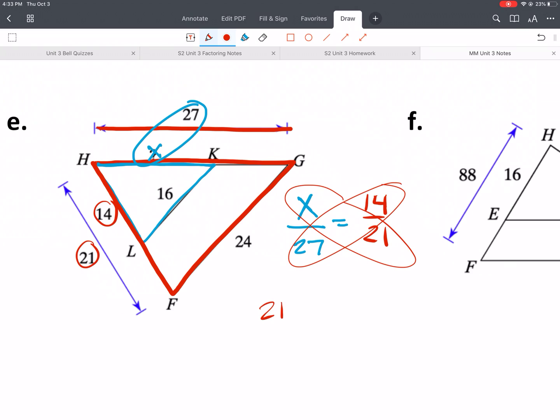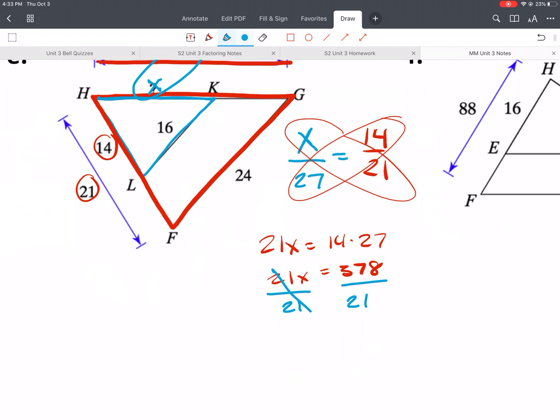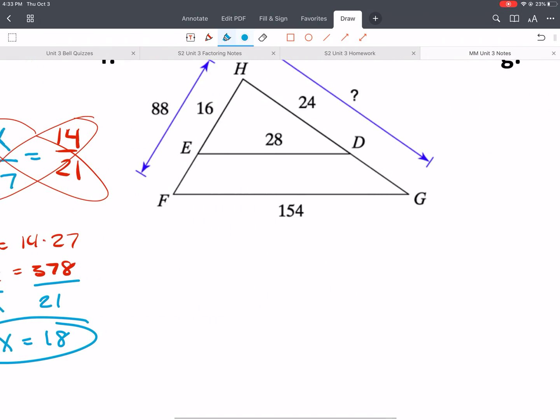We'd get 21x is equal to 14 times 27. 14 times 27 gives us 378. And then we would divide both sides by 21. And that would give us 18. X equals 18. Okay? So same thing.